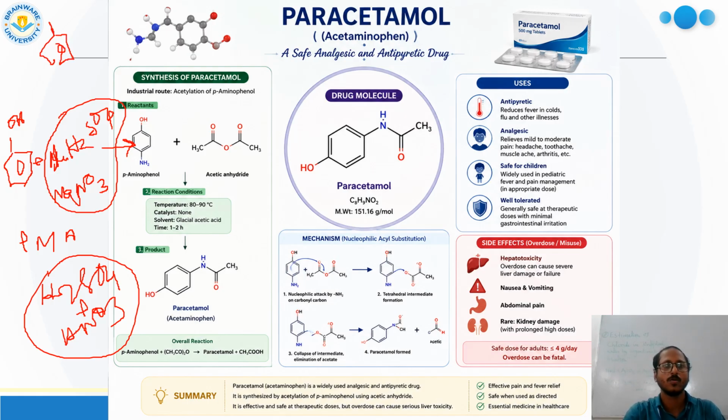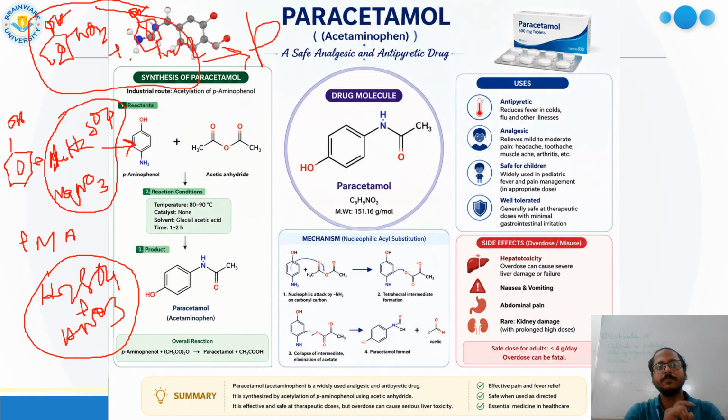and we get ortho-nitrophenol plus para-nitrophenol, two kinds of products at the ortho and para positions. After that, by fractional distillation or chromatographic separation, we can separate only the para product.